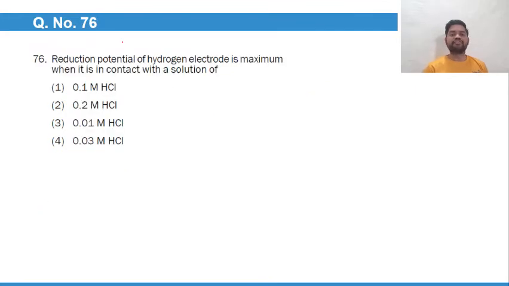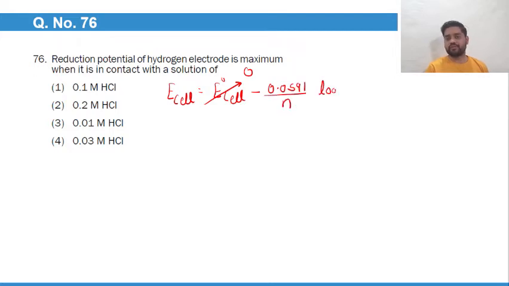76. The reduction potential of hydrogen electrode is maximum when it is in contact with the solution. So reduction potential we need to calculate, that is EMF of a cell, equal to what? Standard EMF of a cell, which will tend to 0 because it is for hydrogen, minus 0.0591 whole divided by number of moles of electron, log of concentration of product by concentration of reactant.